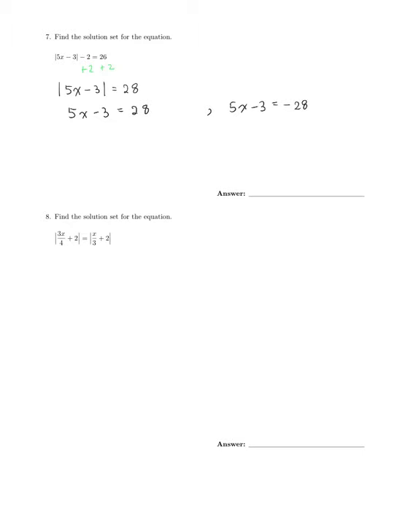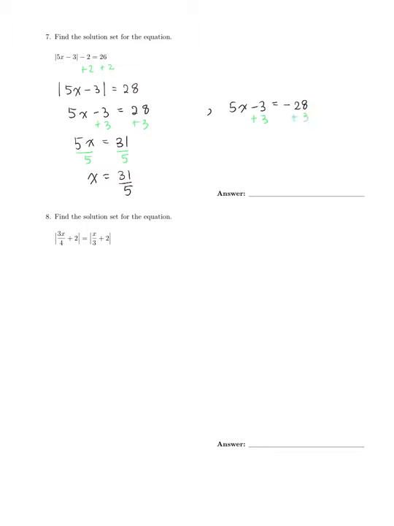Okay, and then we just solve it separately. So from here, let's just work on the left-hand side. I'm going to add plus 3 to this. Then you're going to have 5x equals 31. And then dividing by 5, it looks like our x is going to be 31 over 5. Okay, and the negative side, we're going to do the same thing. Let's just add 3 to both sides.